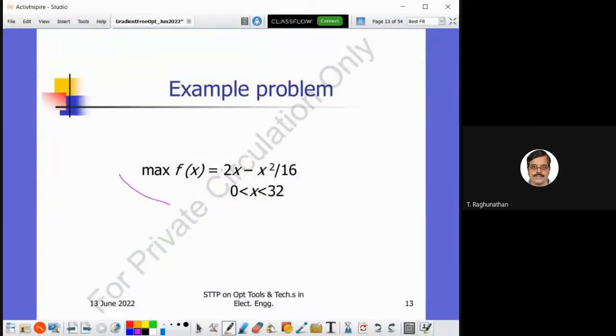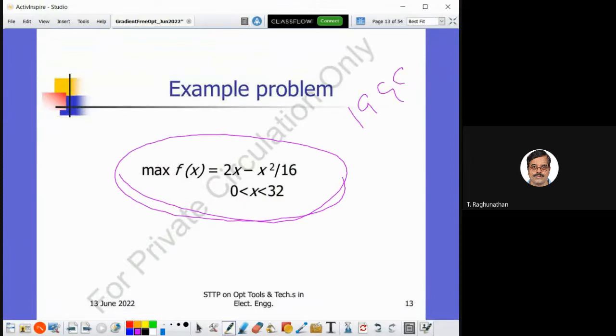This is my favorite example because around 1999, some 23 years back, when I was a master's student, somebody taught me the evolutionary genetic algorithm using this example. She is now registrar at VIT Vellore, and she also happens to be my elder sister.